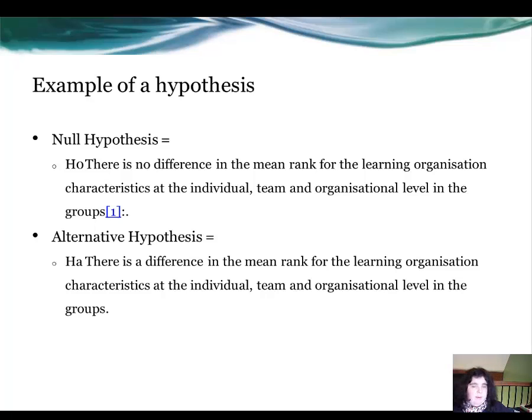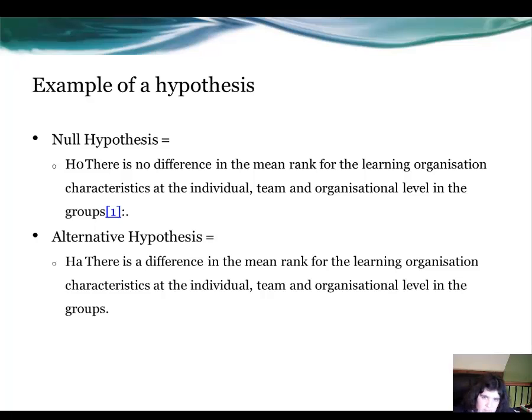So these are the hypotheses actually written for my own PhD, in which I'm trying to show whether or not there is a difference or a relationship or a cause and effect between variables, and also the ranking of certain things.